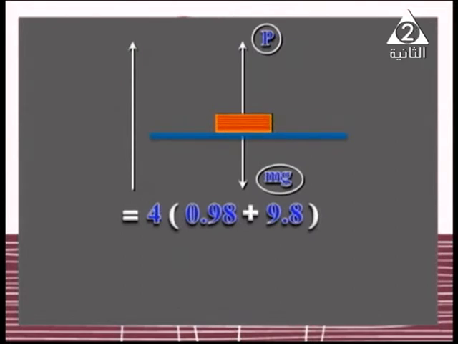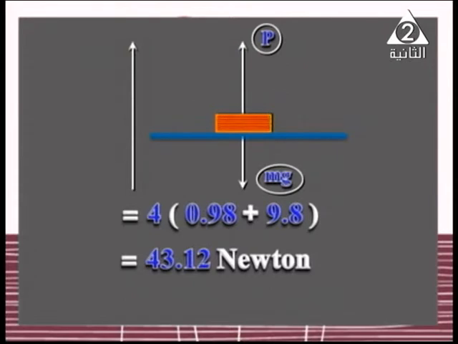Therefore B equals 43.12 Newton. So B equals 4 multiply A plus G, A acceleration 0.98, G 9.8. Answer is 43.12 Newton.